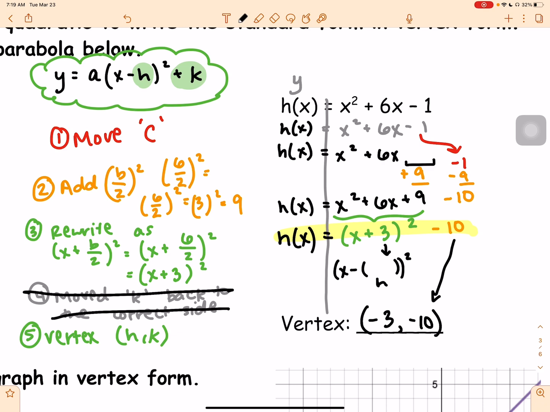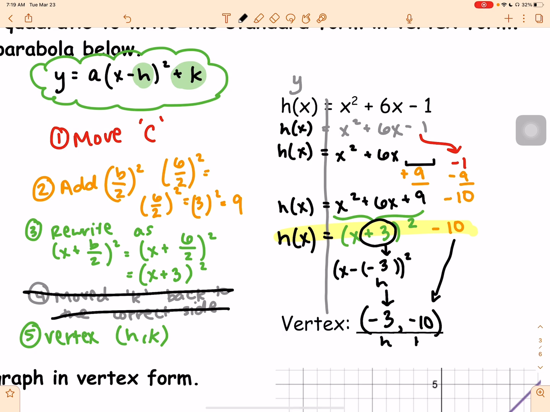Okay, so in order for this to become a positive 3, this must have been x minus -3 to become x plus 3. A double negative makes a positive. Okay, so that's why we have a -3 for the h.